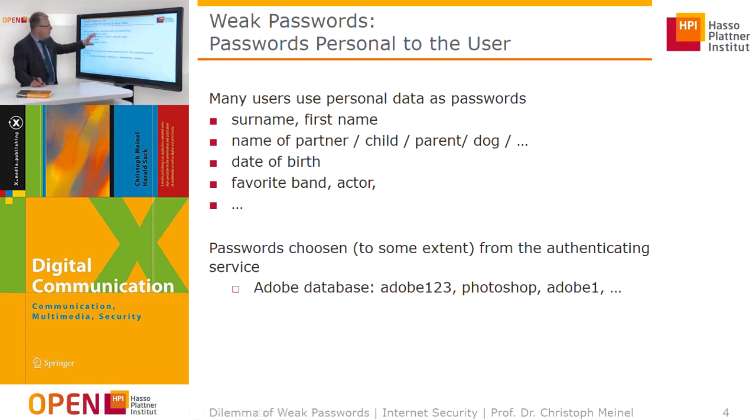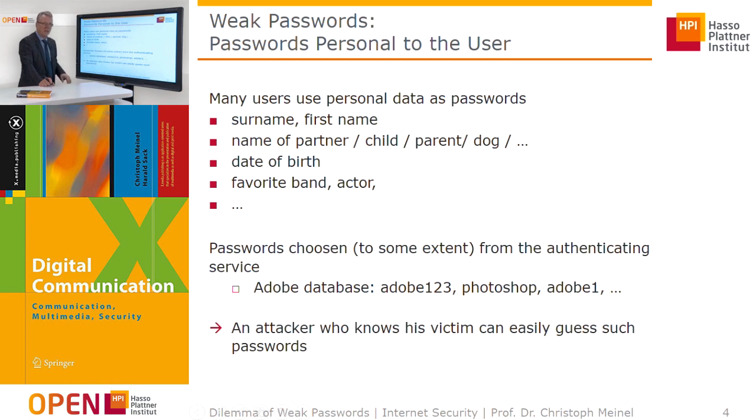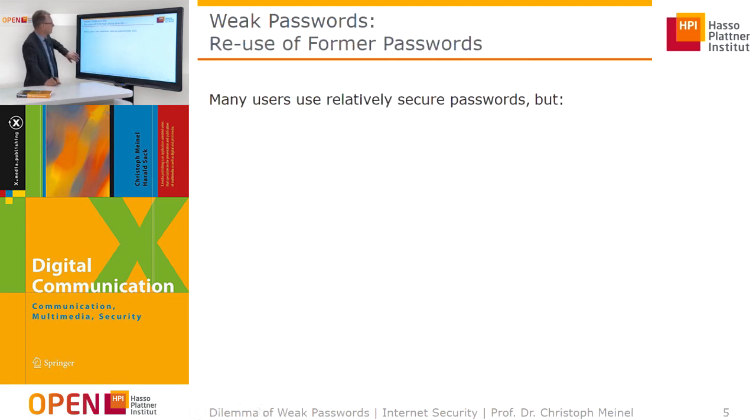So from the personal information, a password can be guessed, but also from the context the password is used for. The cybercriminals have a chance to guess the password if the user is not aware that passwords need to be strong. So an attacker who knows his victim can easily guess passwords.